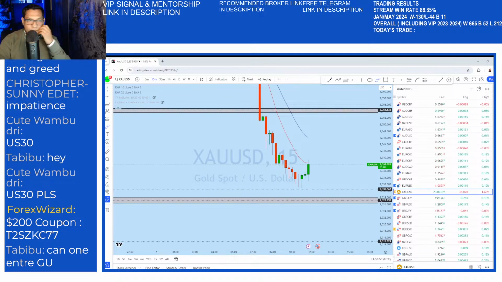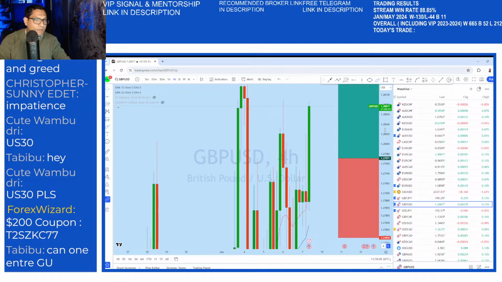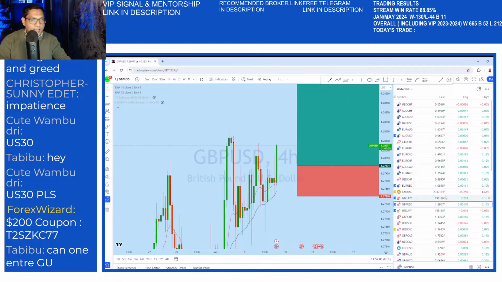We might be seeing that bounce. Okay, Gbpusd is running in good profit at the moment, holding it and waiting patiently, guys. Once we see the news being published, we should be able to see some more trades coming along the way. Okay, thank you.